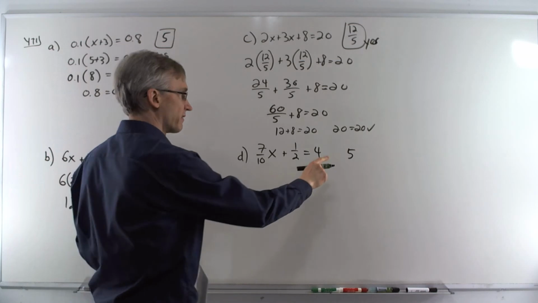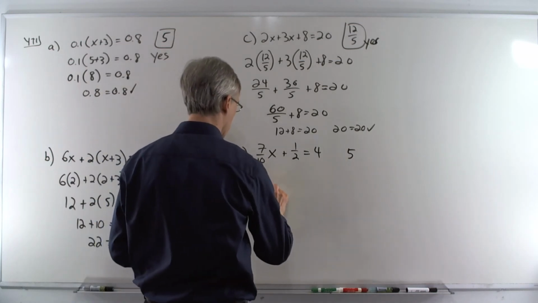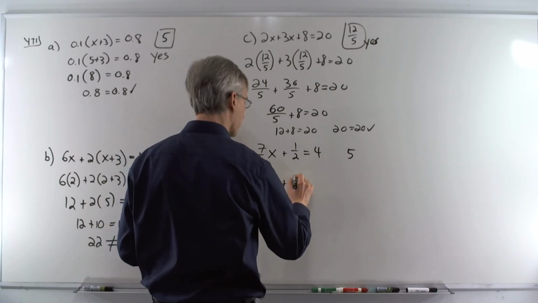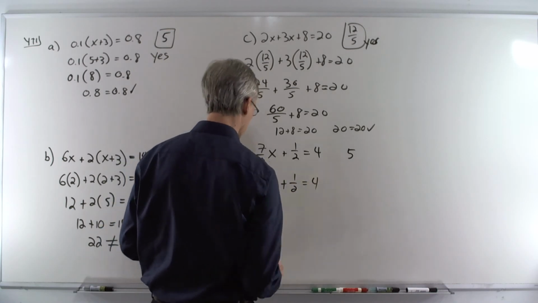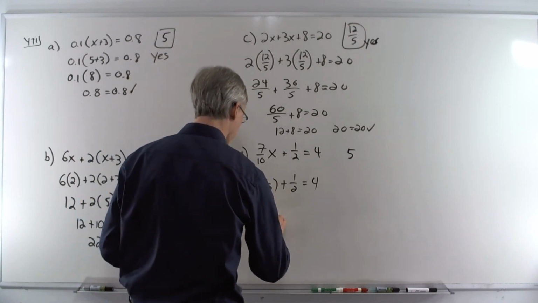Last up, we're going to see if 5 is a solution to this one. 7/10 times 5 plus 1/2. 7 times 5, that is 35, so we got 35/10.